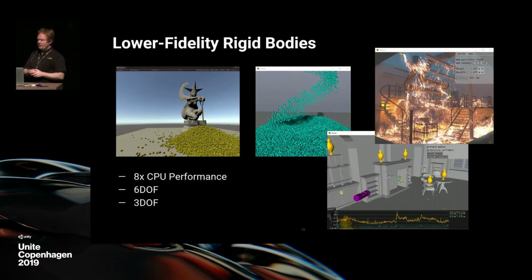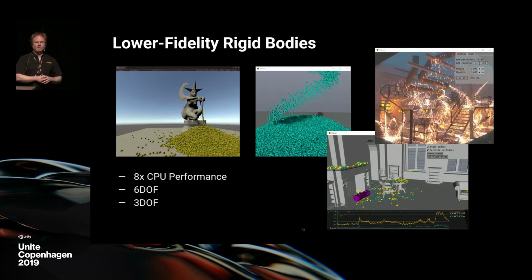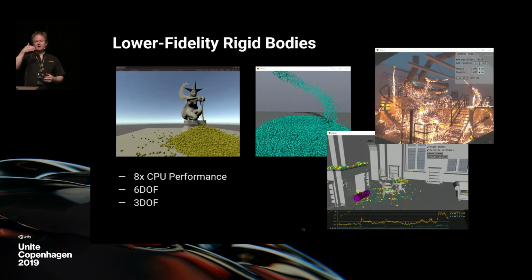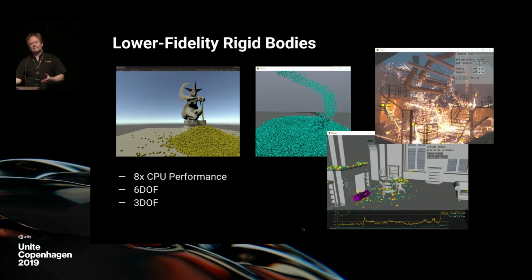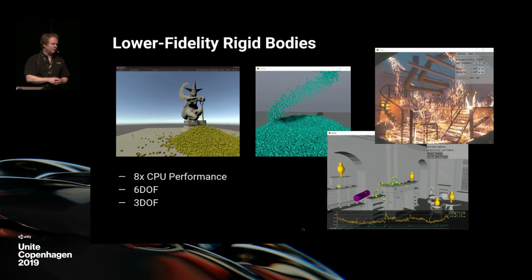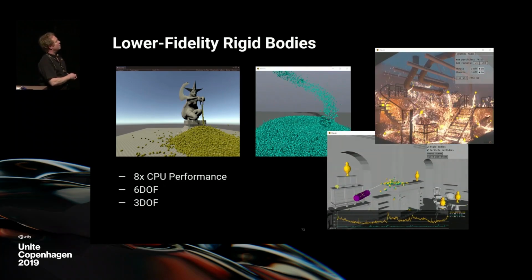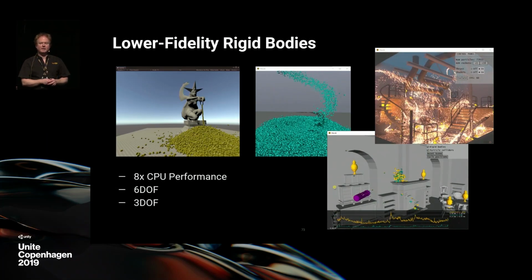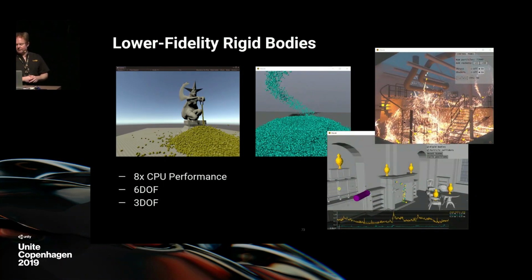They're not going to be as accurate. They're not going to be perfectly stackable. There are going to be trade-offs, but they are going to be incredibly cheap. You could have a 6-DOF version where you have rolling boxes, and you can have an even simpler one that's just a 3-DOF particle, like the one in the top right. Here, we're colliding with full mesh geometry for every single particle, but it's a 3-DOF version, so it's a lot more performant.